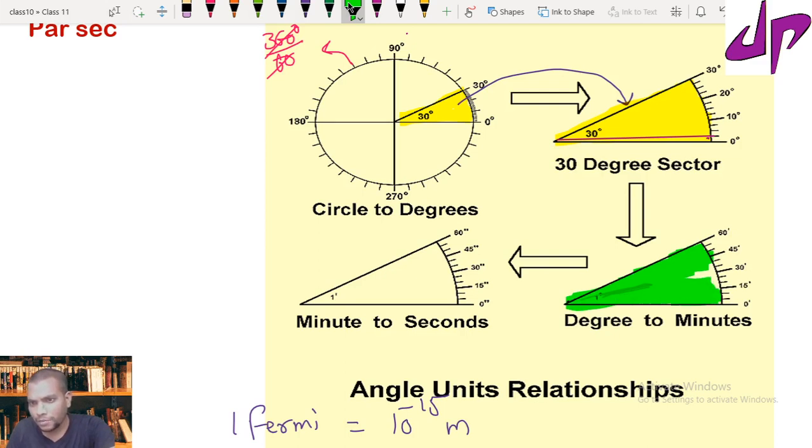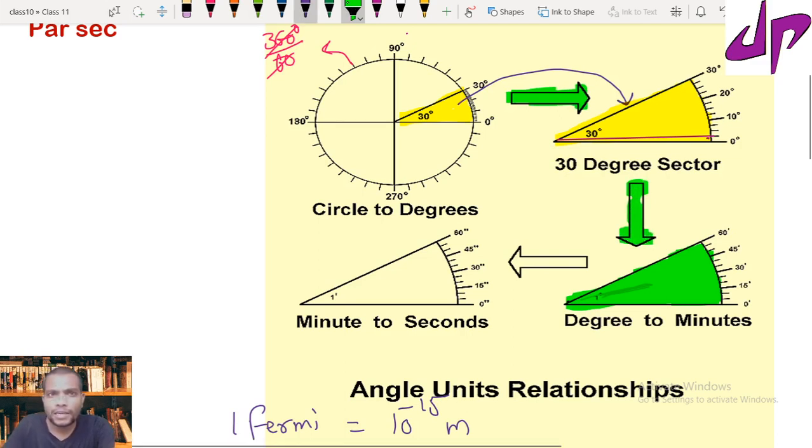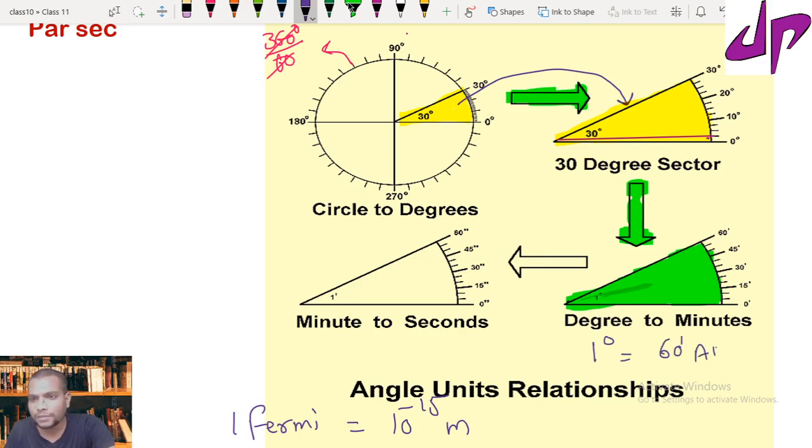So in angular measurements, we have taken the 30 degrees part to a 1 degree part. 1 degree is divided into 60 arc minutes.